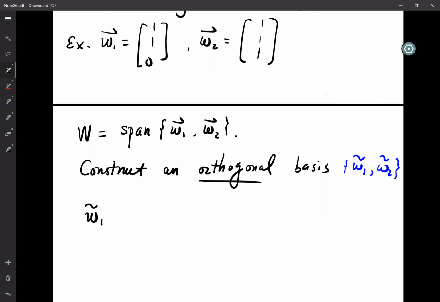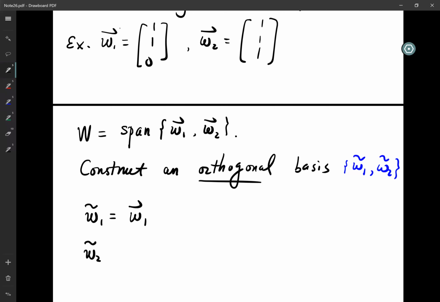For the first vector, I only ask it to be orthogonal, so I can just take W1 tilde to be W1. For W2, the inner product is not zero, so they're not orthogonal, but I can project away the component of W2 in the direction of W1.